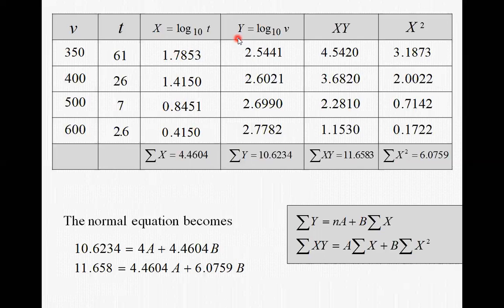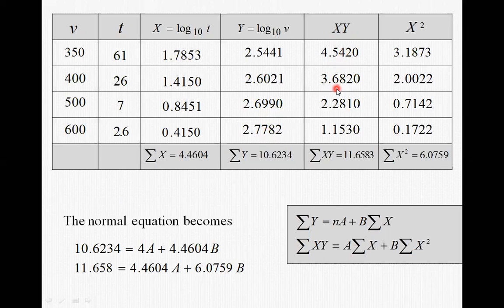Calculate capital Y equals log V to the base 10: 2.5441, 2.6021, 2.6990, 2.7782.